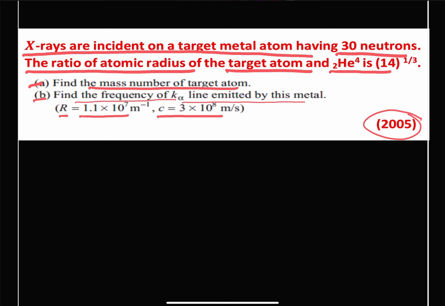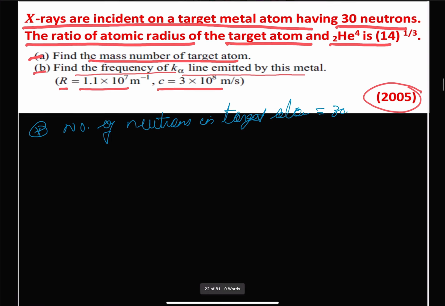Here we are given that the number of neutrons in the target atom is 30, and we are also given the ratio of the atomic radii.